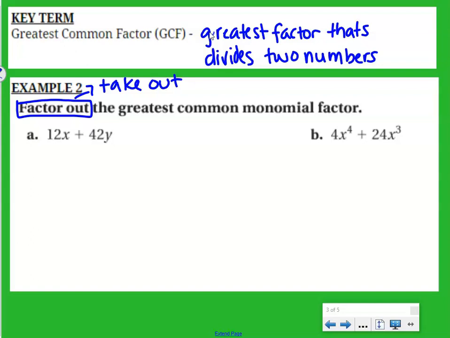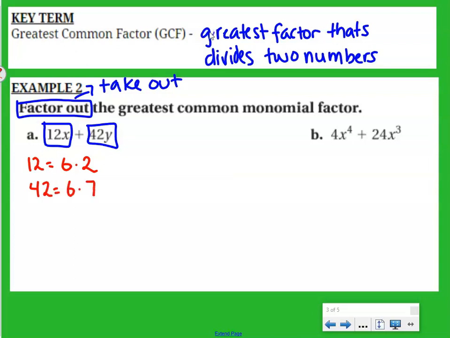So if we look at 12x and 42y, we want to know what can go into both of those. They can both have 2, but there's a bigger number. 6 would be the greatest number that goes into both 12 and 42, because 12 equals 6 times 2, and 42 equals 6 times 7.